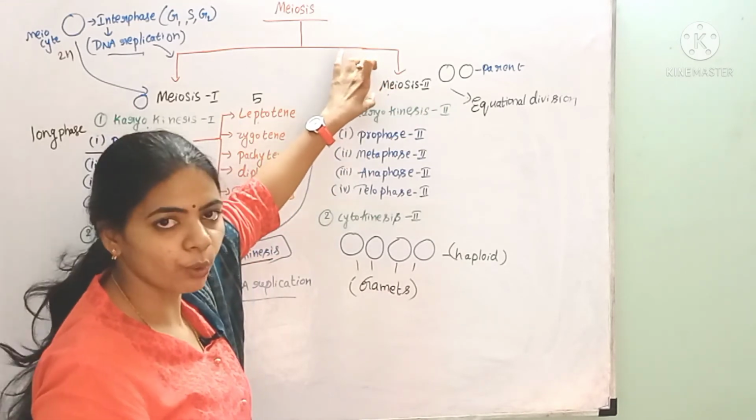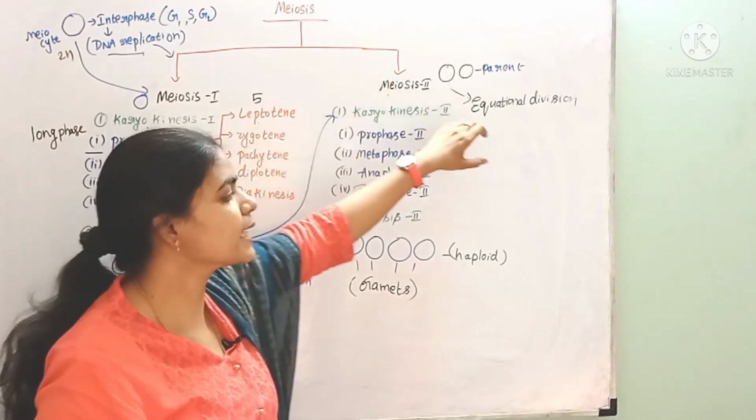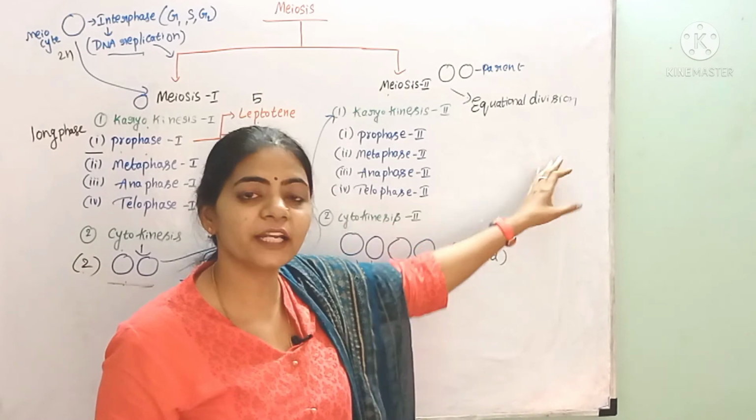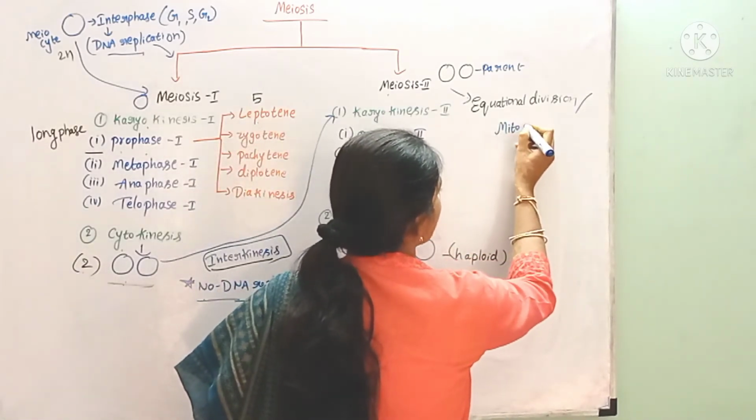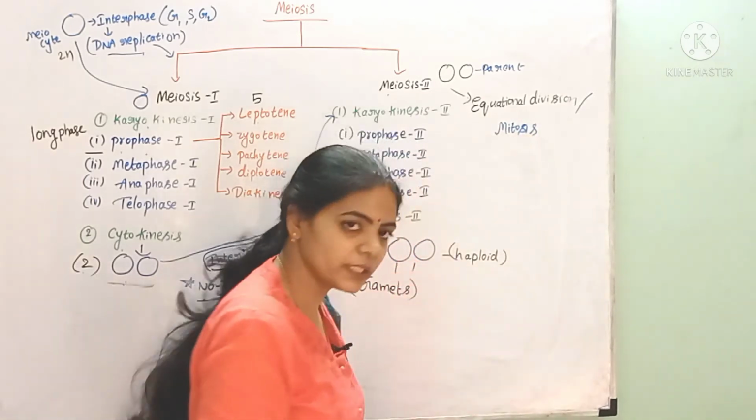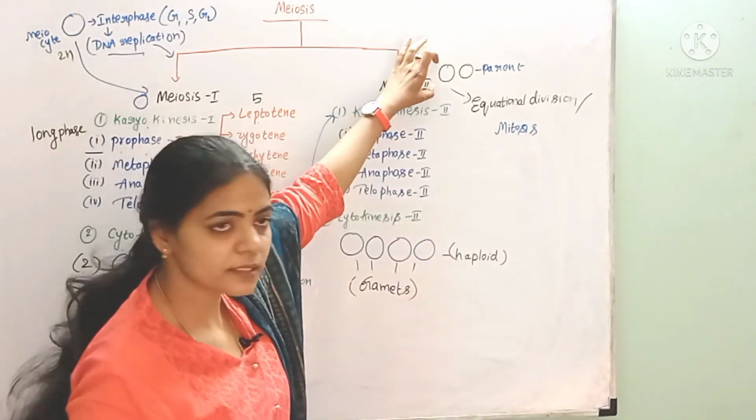Meiosis 2 is also called equational division or mitosis, because these are the parent cells, right?